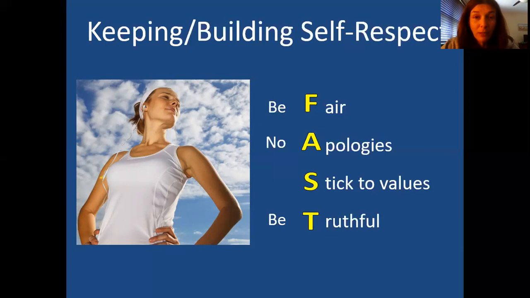And finally, being truthful. So this has a lot of dimensions, right? So first, we want to be honest with ourselves, right? We don't want to lie to ourselves about who we are and what's going on with us. We want to see ourselves fully and clearly, acknowledge our good parts and our bad parts. And same thing with situations. We want to see it fully and clearly, acknowledging what's really going on.